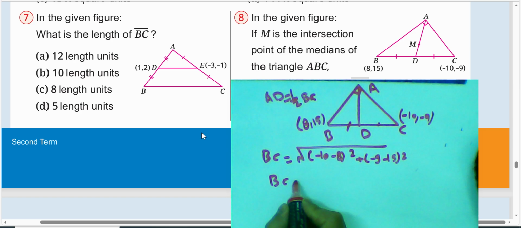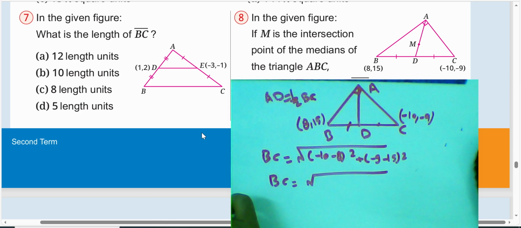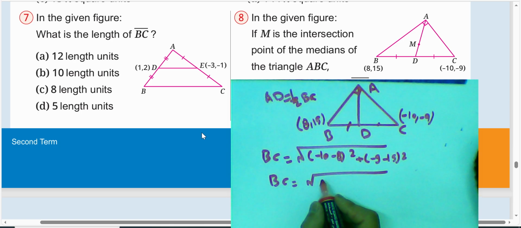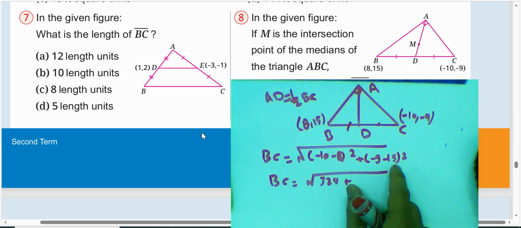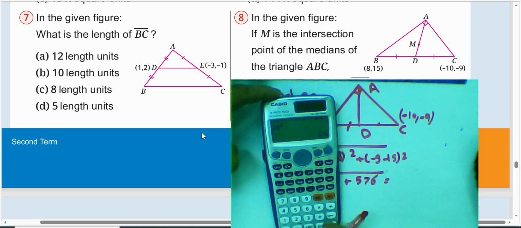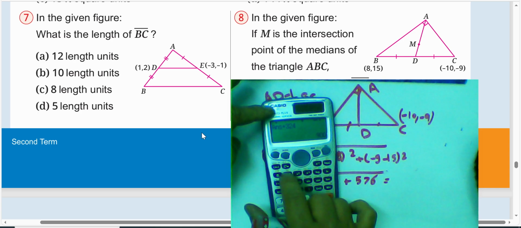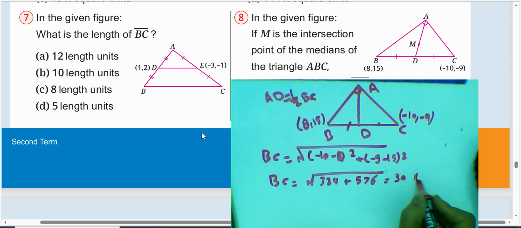Then -18 power 2 equals 324, and -9 minus 15 is -24, 24 power 2 is 576. We add 576 plus 324, and then the square root of the answer equals 30. Then BC equals 30 length unit.